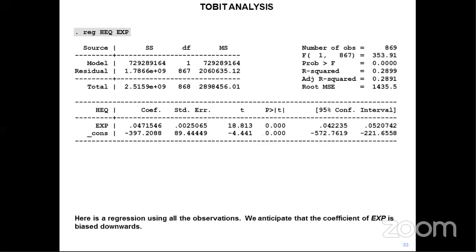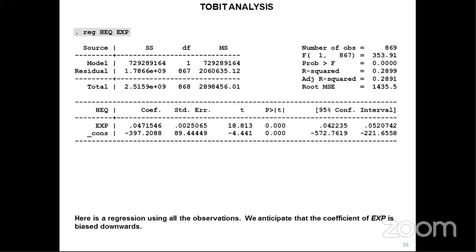Then this is the normal or linear regression. This is the estimated effect of total expenditure on household equipment expenditure. It is 0.47. That is, if the total expenditure increases by 1 rupee or $1, only 0.47 dollar is spent on household equipment.